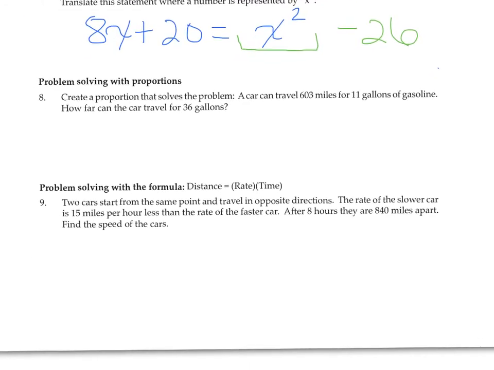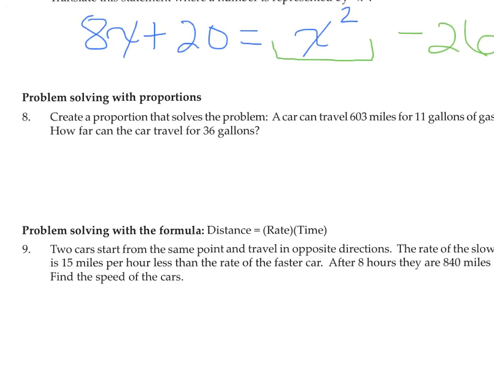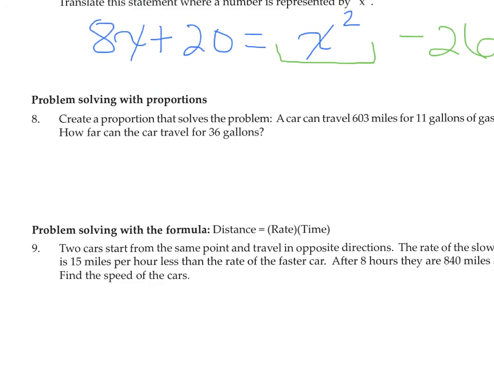Create a proportion that solves this problem. A car can travel 603 miles for 11 gallons of gasoline. How far can the car travel for 36 gallons? Okay, so we're comparing miles with gallons here. So we're going to set up a couple of fractions with miles and gallons.